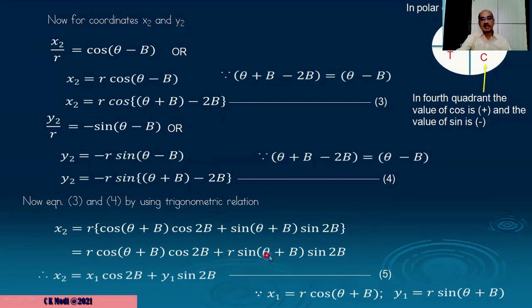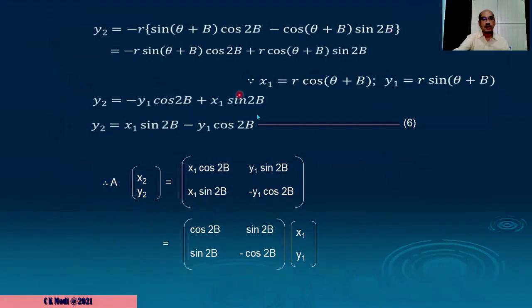So therefore x2 is equal to r cos(theta plus b) cos 2b plus r sin(theta plus b) sin 2b. After simplification, x2 is equal to x1 cos 2b plus y1 sin 2b, because we have inserted the values. So x1 is equal to r cos(theta plus b) from equation number 2, and 3. Based on that we have inserted the values. Therefore, x2 is equal to x1 cos 2b plus y1 sin 2b.